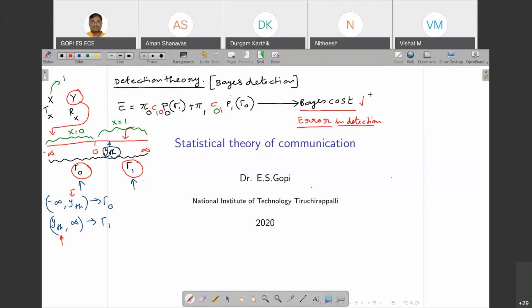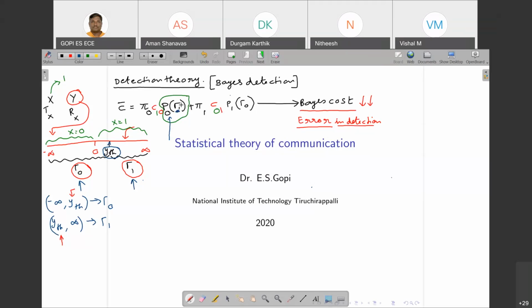This Bayes cost we are trying to minimize. What is there in that Bayes cost? You have the probability of the error involved. What is that error? You are transmitting 0, as the subscript indicates, but the observation in the receiver section actually falls in the set gamma 1.